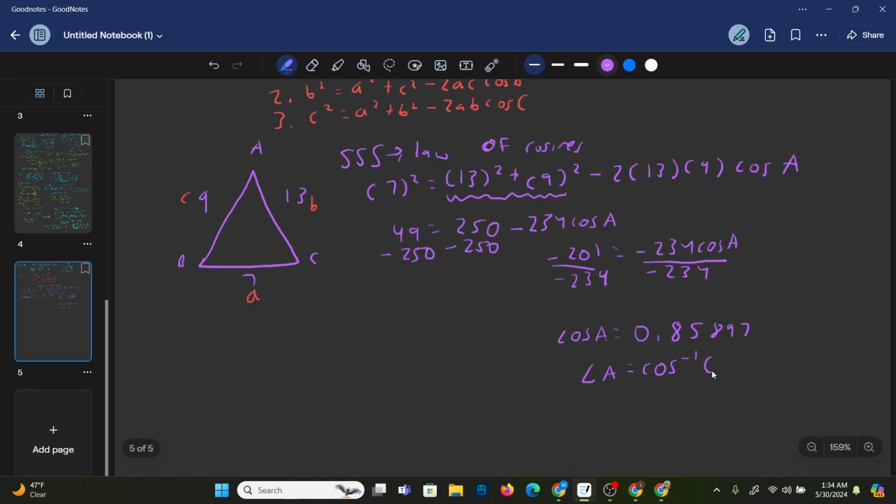So inverse cosine of 0.8597 gives us the angle measure, which, if we put that into our calculator, we get 30.8 degrees. And that is the measure of angle A.